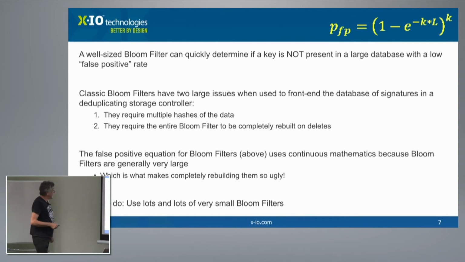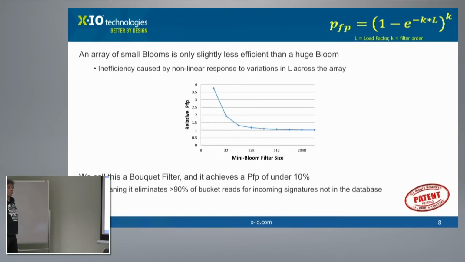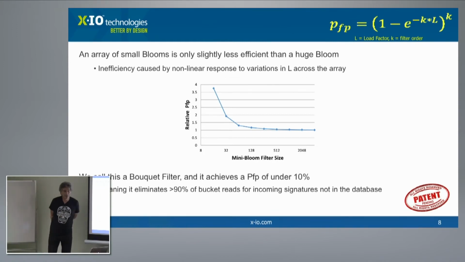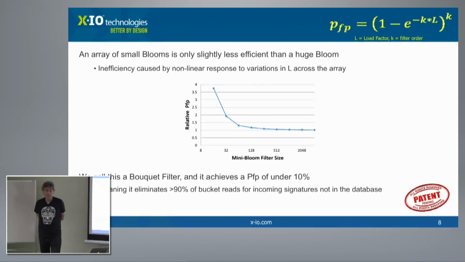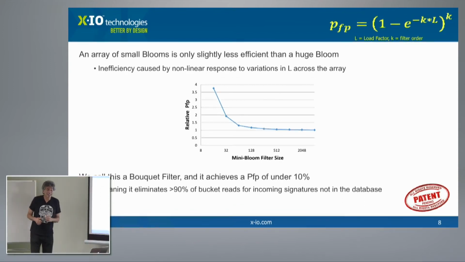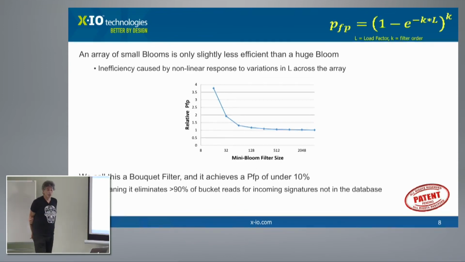So you bloom filter at the bucket level? So, no, at the sub-bucket, way at the sub-bucket level. But yes. Oh, okay. So the question is, though, what happens when a bloom filter gets very small? First of all, that equation, the fact that you're modeling it as a continuous thing, that breaks down. It turns out that when you make a whole lot of very small bloom filters, their efficiency does go down.